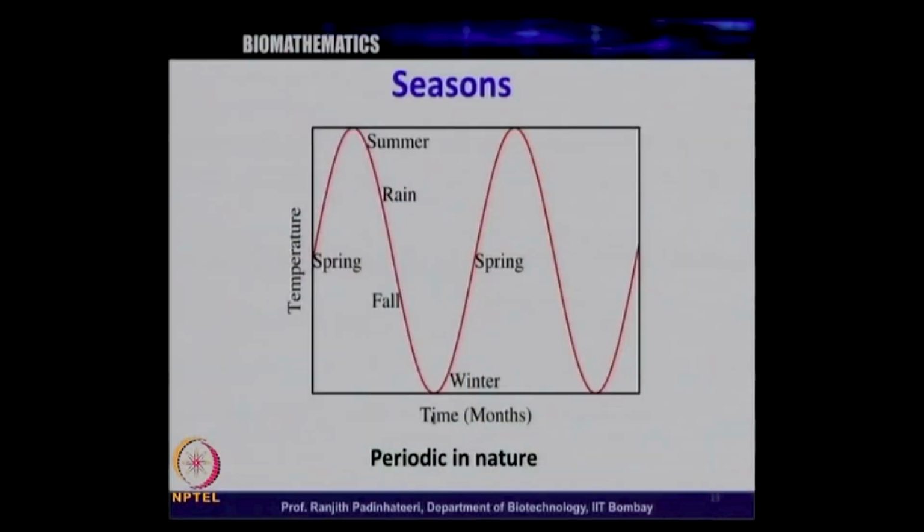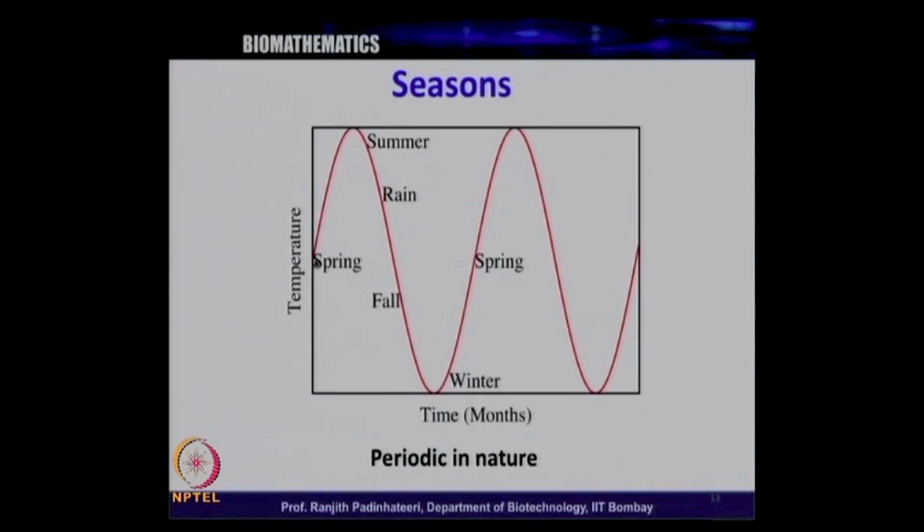So let us take temperature as a measure for a season, and we are plotting temperature here. This is a very schematic plot of temperature as a function of time. So this is just to give you some idea.